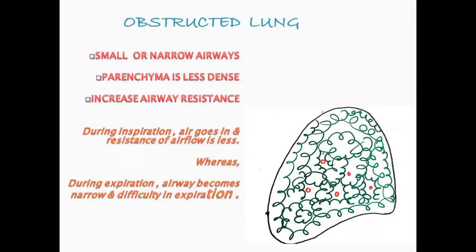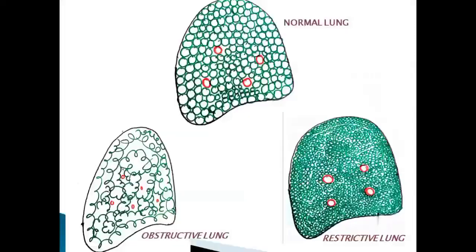Now you just think, just see this diagram. This is the normal, obstructive and restrictive diagram. If we talk about the stiffness, where would the stiffness be more? We can say easily by seeing the diagram that stiffness will be more in the restrictive lung diseases as compared to the obstructive lung disease and normal lung, because the parenchyma of the lung becomes fibrosed or dense.